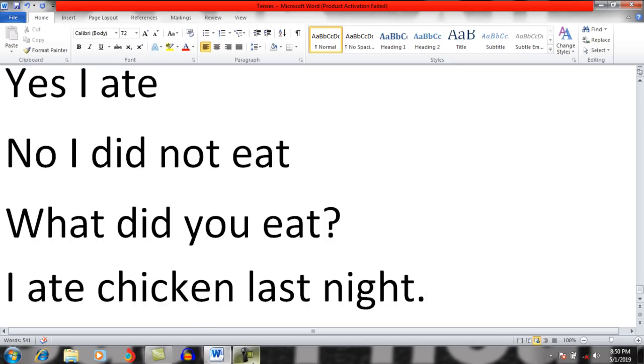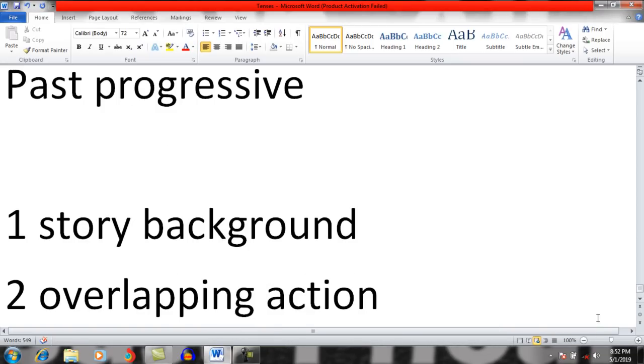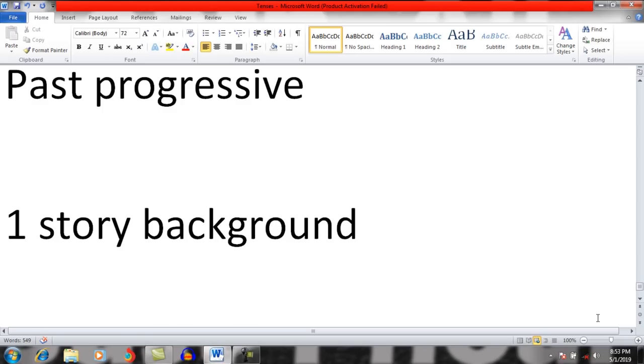Now we will discuss past progressive or past continuous, where we will use it and how. We use past progressive for those actions or activities which start in the past and remain in progress for some time in the past. We can also use it for story background. Whenever we are talking about a story or its background, we can use past progressive.